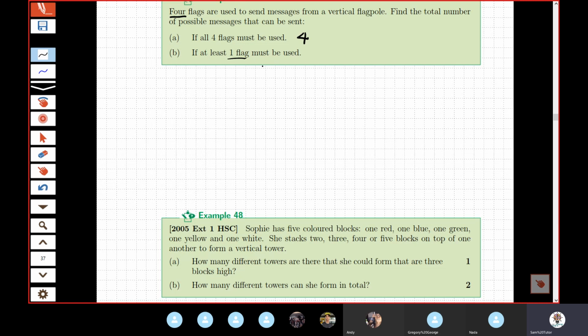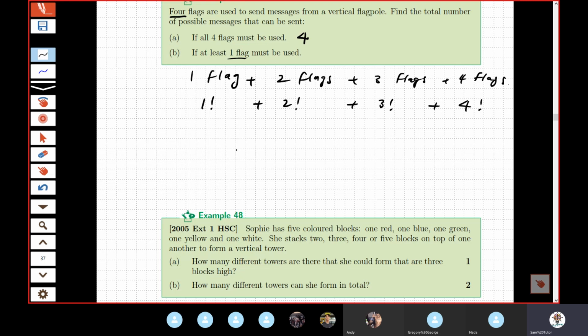So if at least 1 flag must be used, it would be 1 flag plus 2 flags plus 3 flags plus 4 flags. So that would essentially be 1 factorial plus 2 factorial plus 3 factorial plus 4 factorial.